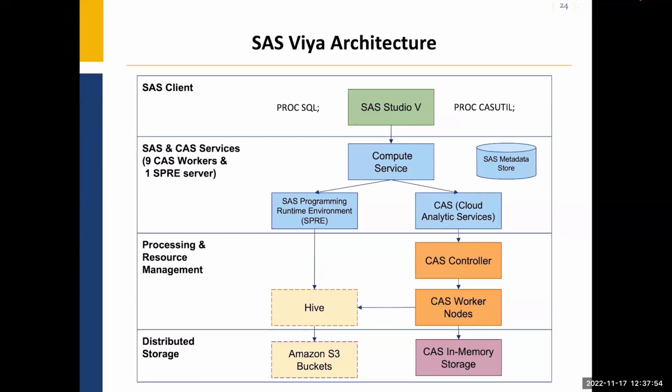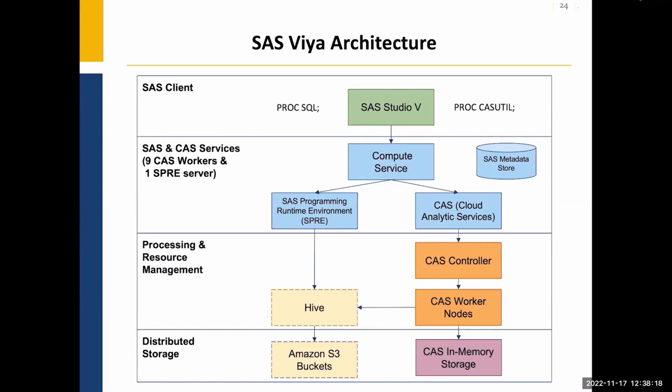If you're running PROC CASUTIL statements, it gets submitted to the compute service, which sends that operation to the CAS cluster. Within the CAS cluster, it moves first to the CAS controller, which acts similarly to the driver, the master node on the Spark and Hive side of things, where the driver program is running.